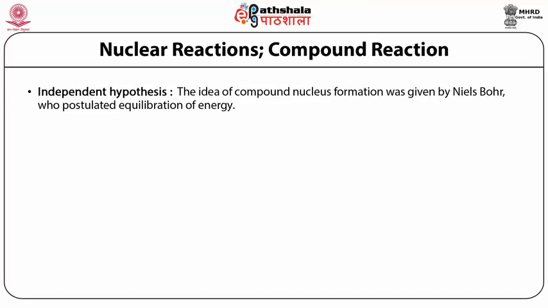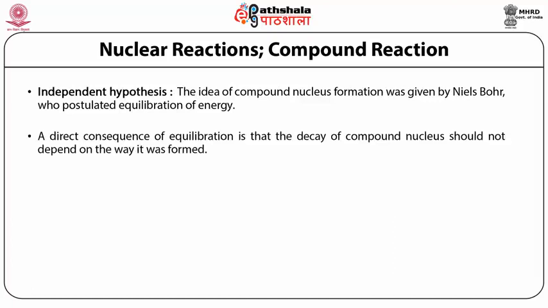According to him, when the two nuclei, the projectile and the target, undergo nuclear reaction, they combine to form a compound nucleus, and the energy distribution among the nucleons takes place. The entire energy of the system is taken by the nucleons and distributed among themselves. After some time, there is an equilibrium of energy in the compound system.